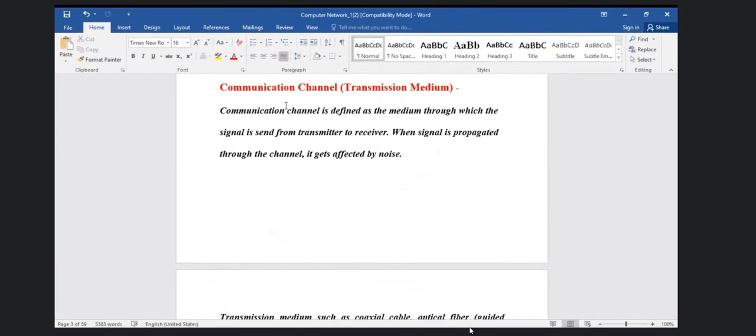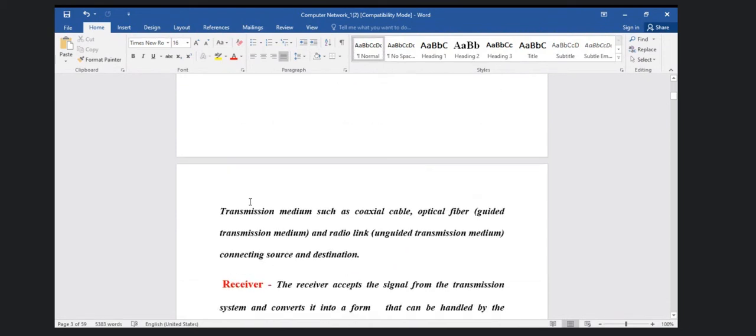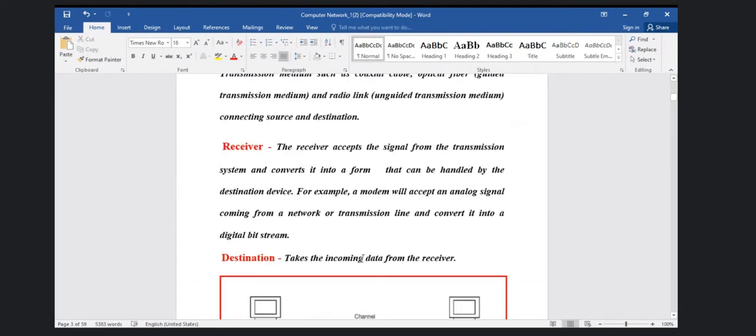This falls under the guided transmission medium. Unguided means when we transmit the data through the air, so that is known as an unguided medium. In unguided media, nowadays we can use satellite or radio link. These are the unguided transmission media.